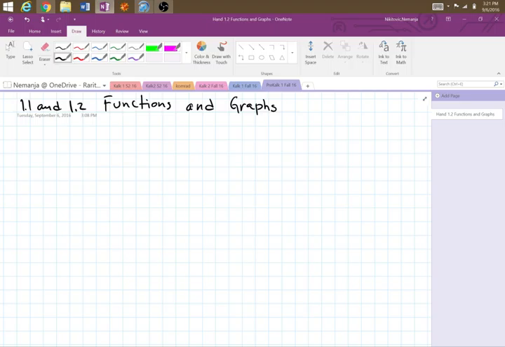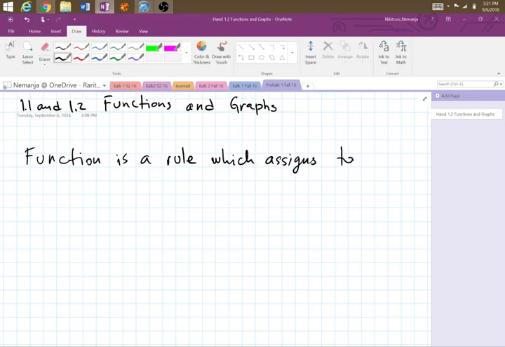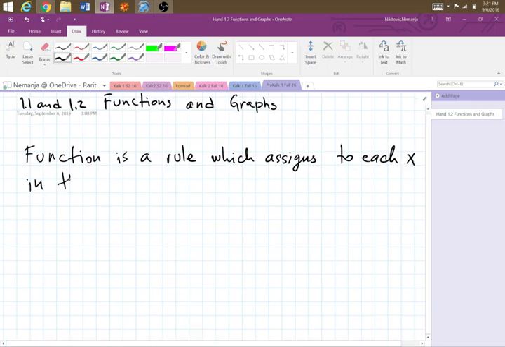So we start by writing that function is a rule which assigns to each x in the domain a unique y in the range.